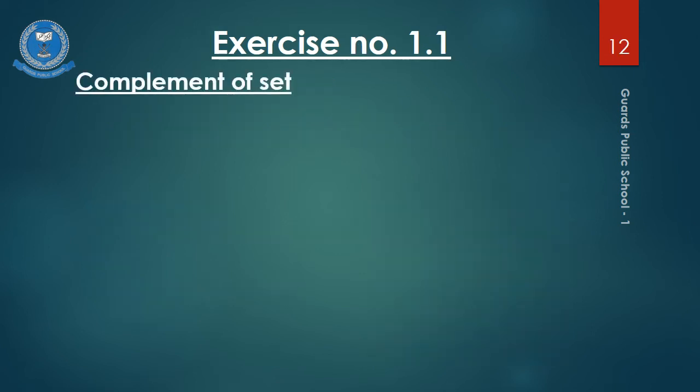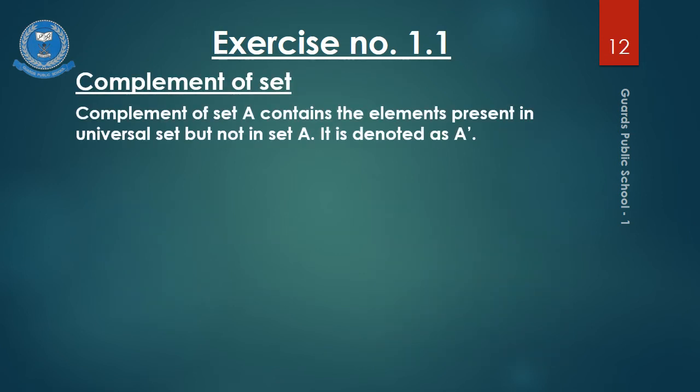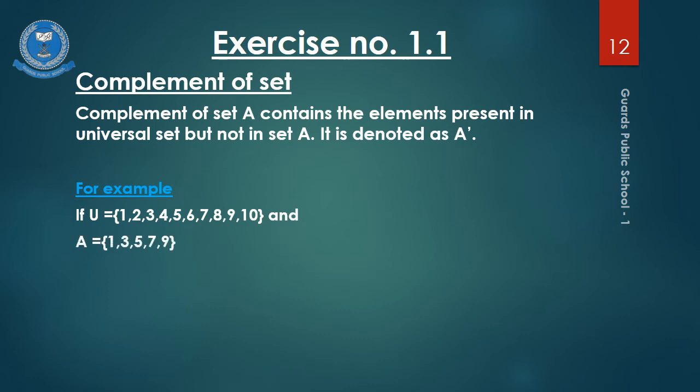Complement of a set. The complement of set A contains the elements present in the universal set but not in that set. It is denoted as A complement. You can easily understand it by the example in which you are given the universal set with the natural numbers till 10 and a set A with elements 1, 3, 5, 7 and 9.